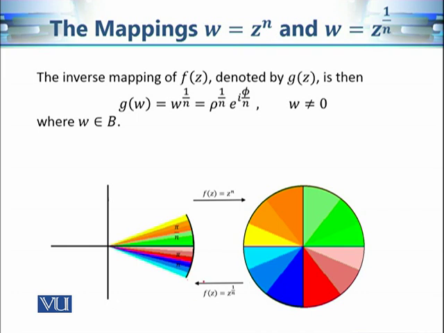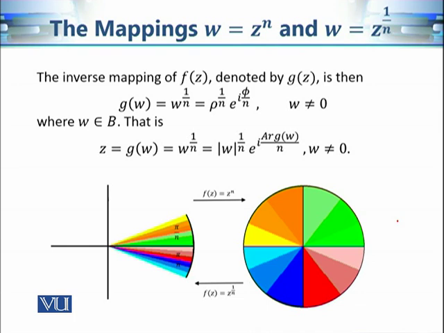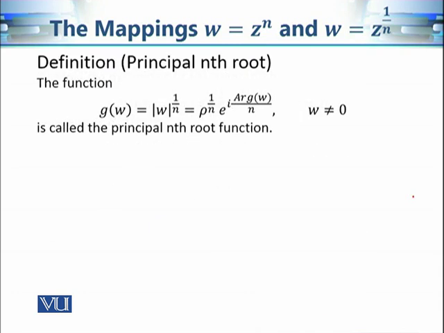So if this set is B, then this set B, which is the unit disk, will be mapped onto this sector. And once again phi is basically the principal argument, so that's why the inverse image is going to be a unique complex number.